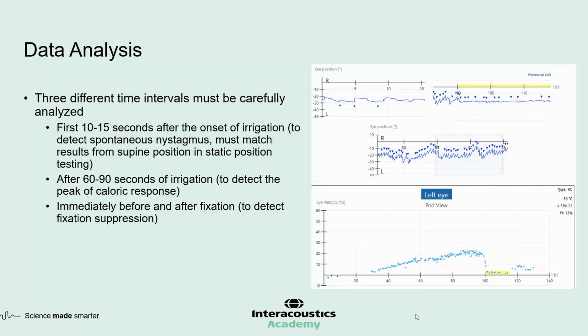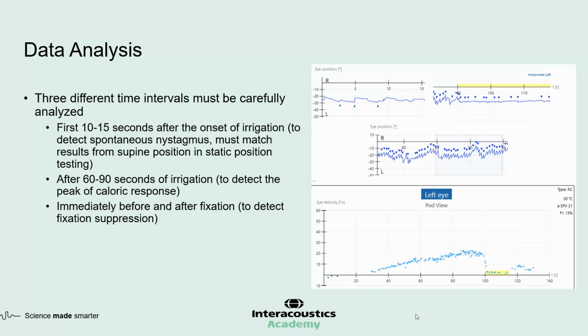So the 3 time periods that you need to pay attention to: the first 10-15 seconds at the beginning of each irrigation. That period of time tells you whether the patient has spontaneous nystagmus or not. That part should match what you see in the positional testing, specifically in the static position testing. Then about 60 to 90 seconds after the start of the irrigation, this is where the response should reach its peak, and this is what you use for further calculations.